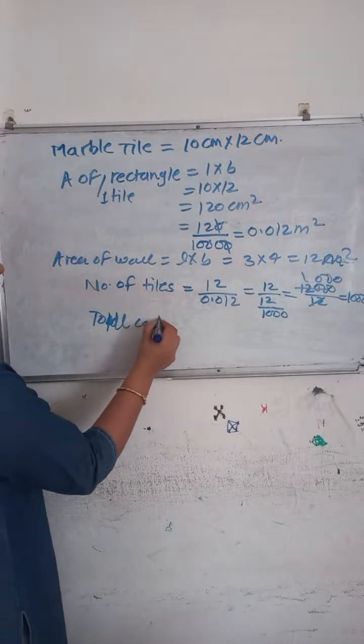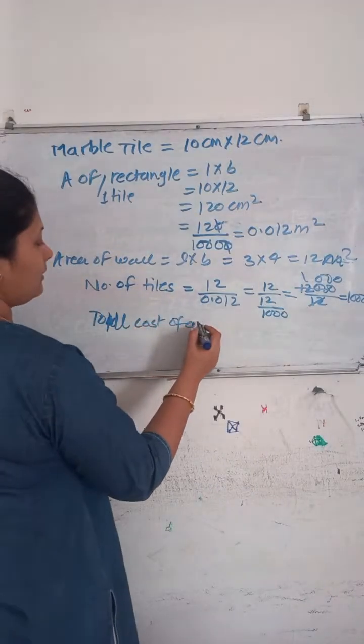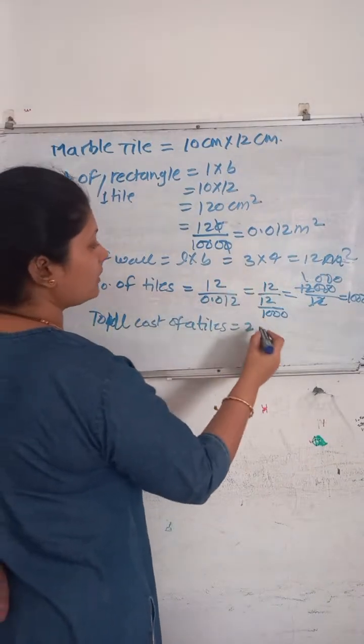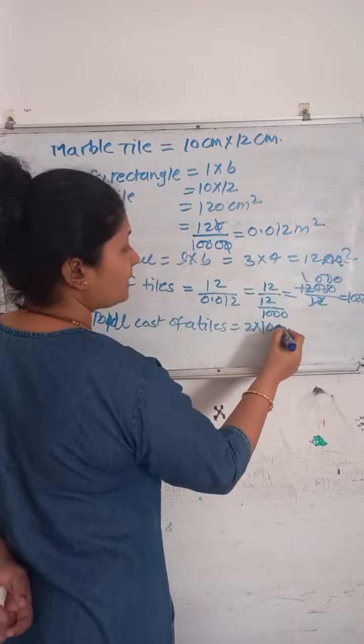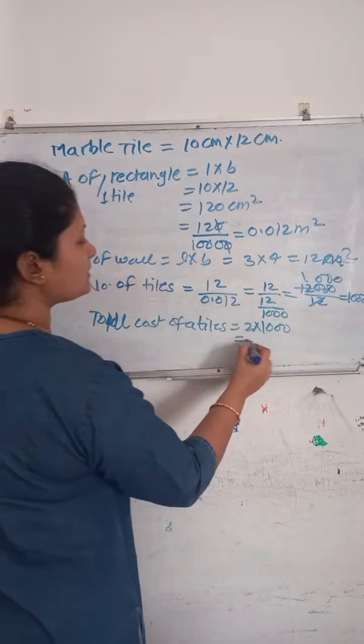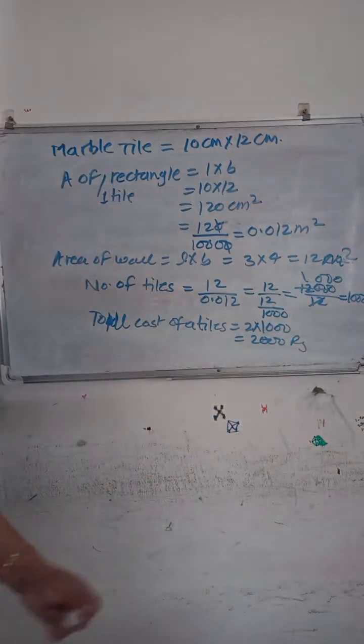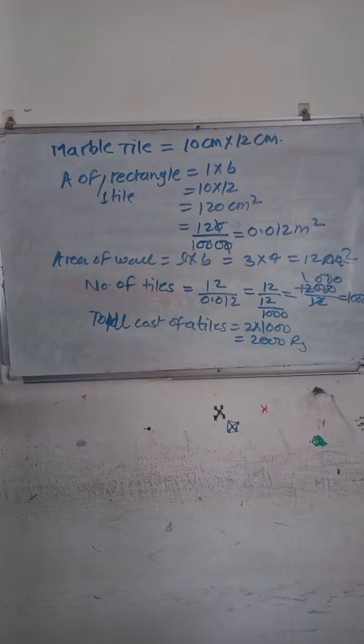Total cost of the tiles is 2 rupees for each tile. One tile costs 2 rupees and 1000 tiles will cost 2000 rupees. So this is the cost. Getting this? Getting this kind of numericals?